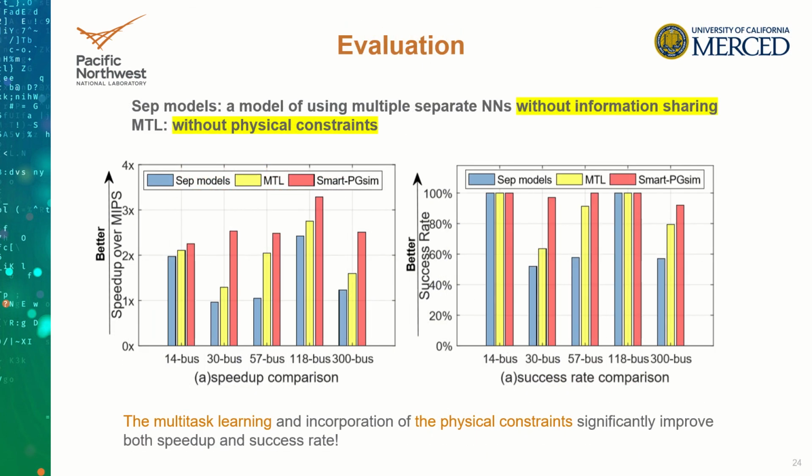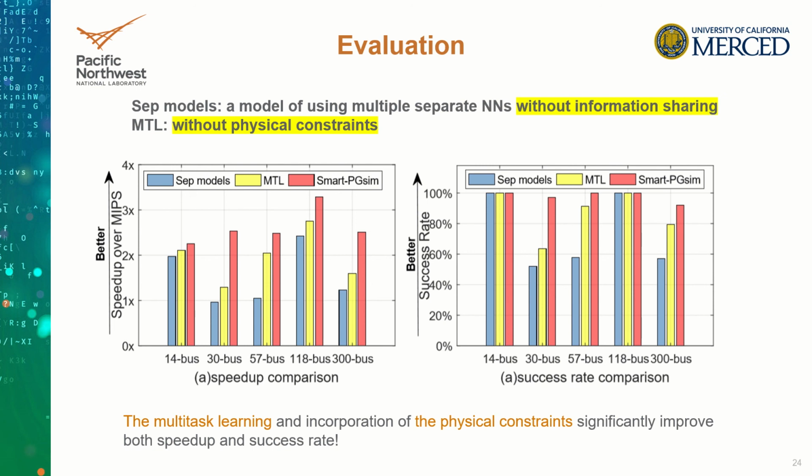And at the end, we also analyze the effectiveness of the multitask learning and the physical constraints. We use the SNP model to represent separate neural network models, which is trying to show the efficiency of the information sharing.